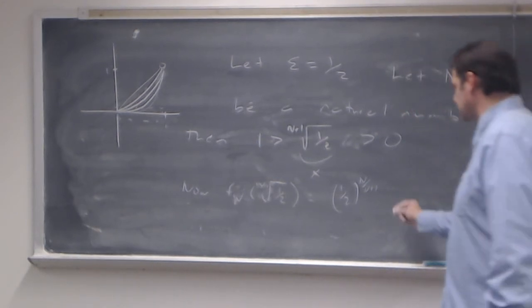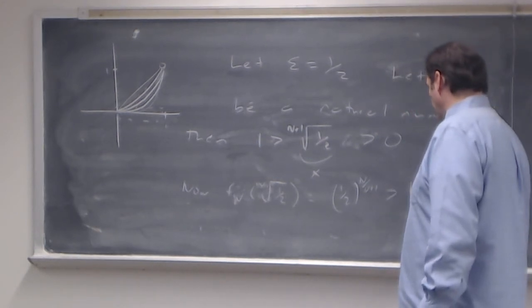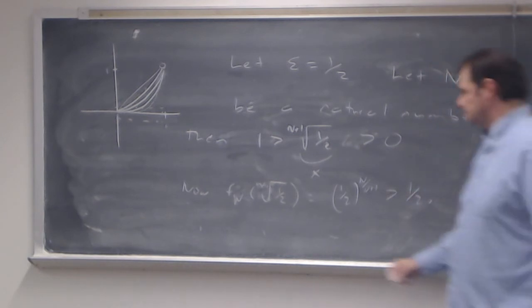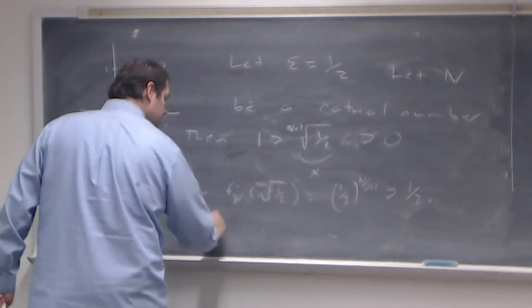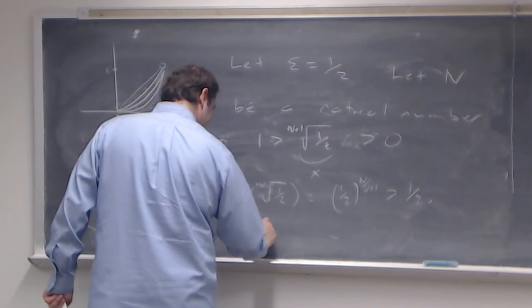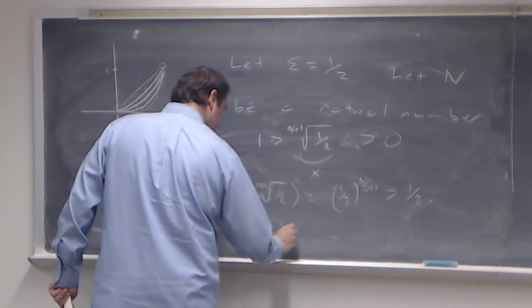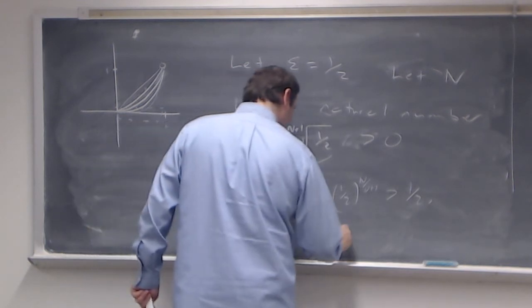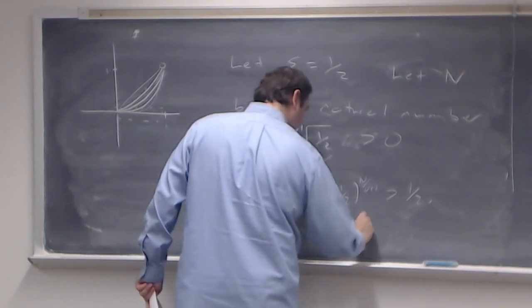And that is going to be greater than 1/2. And so what we have is f sub n of x minus 0 is going to be greater than 1/2.